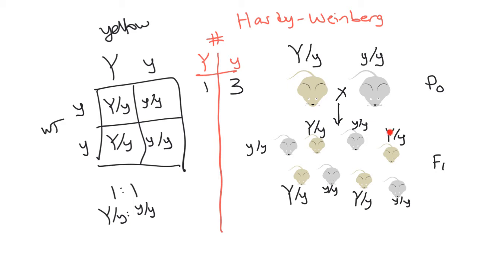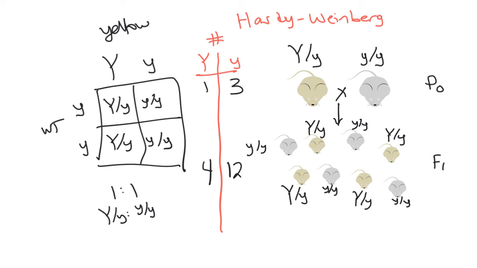There are 1, 2, 3, 4 capital Y's, and 1, 2, 3, 4, 5, 6, 7, 8, 9, 10, 11, 12 lowercase y's. And you'll notice that the ratio is the same. For every 1 capital Y, there are 3 lowercase y's. The same ratio here, 4/12, 1/3.